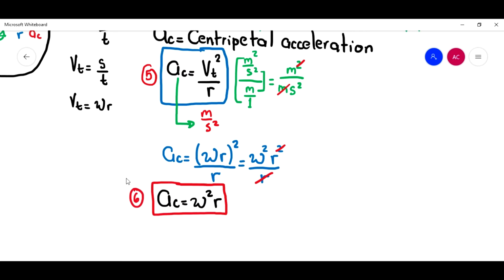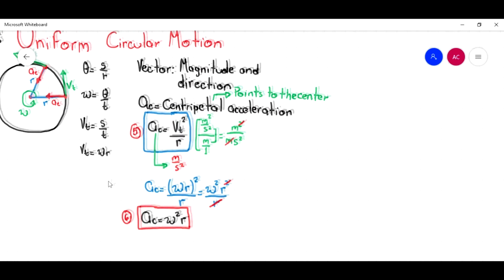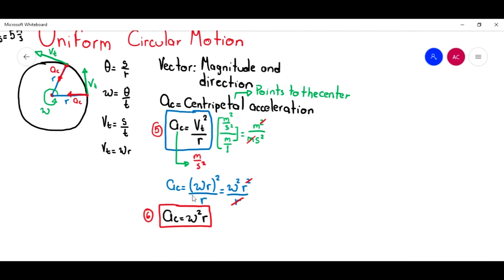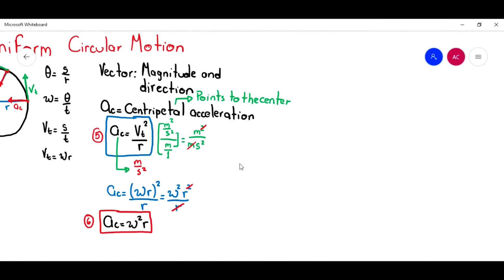Okay. Now, I got the equations for acceleration. So remember, if there is a change in velocity, that means that I got an acceleration. And if I have an acceleration, there must be something that produces that acceleration. That thing that produces the acceleration, remember, is called force.